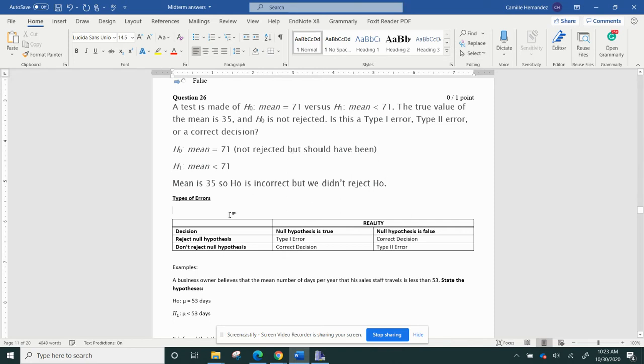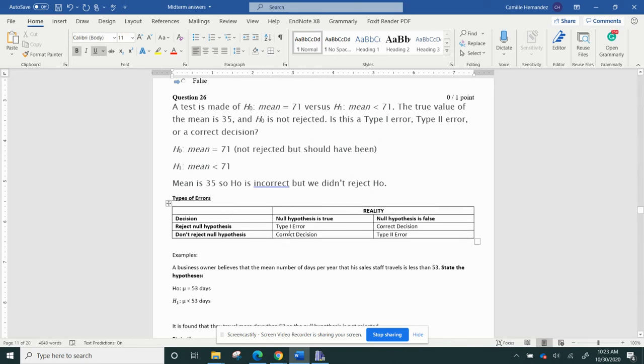So if I've got the table here, and so let's look here. If I didn't reject the null, I'm right here, and I should have rejected the null, which I know is false. So if I go to where these two meet, I can see it's a type 2 error. So that's how you do those.